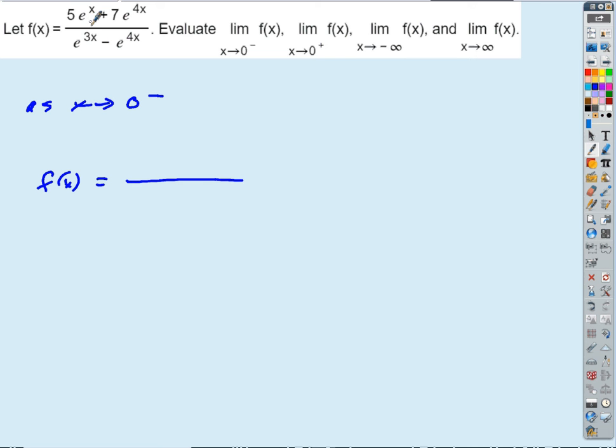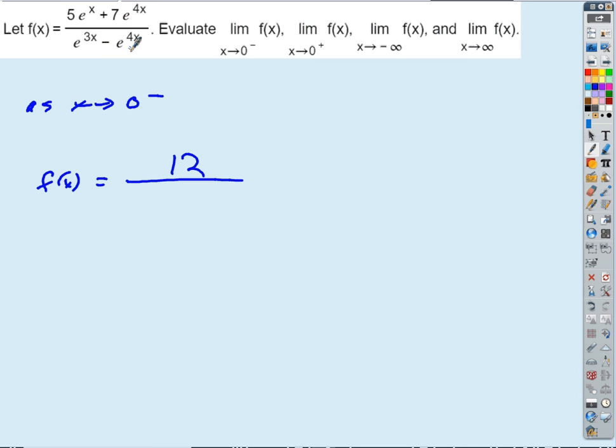So on the top, I'm just going to get 5 plus 7 is 12. That's unambiguous, that's easy. But the bottom, what's happening on the bottom? On the bottom, I'm getting e to the 0 looks like 1, right? And e to the 0 looks like 1. Well, it's approaching 0, but it's very difficult to tell, is it a small positive or negative value, right?